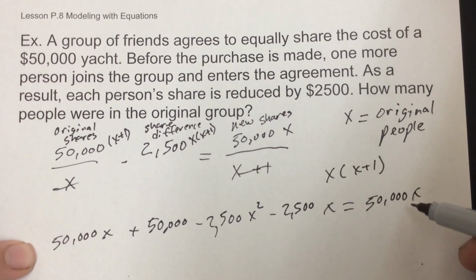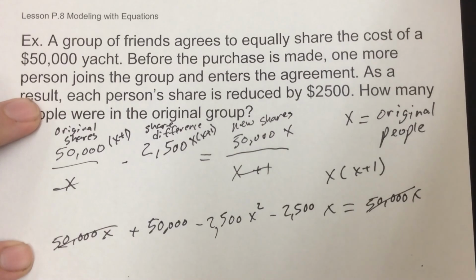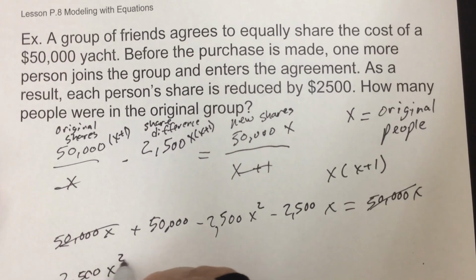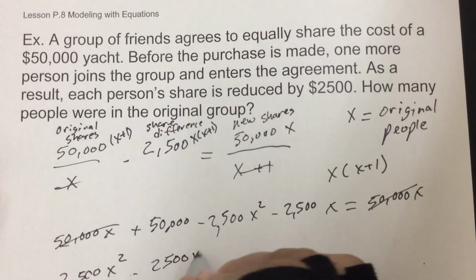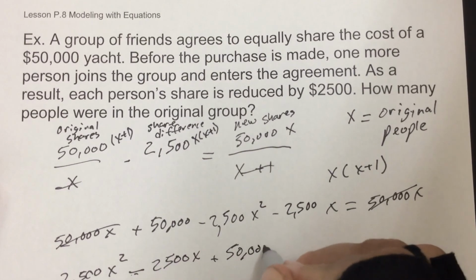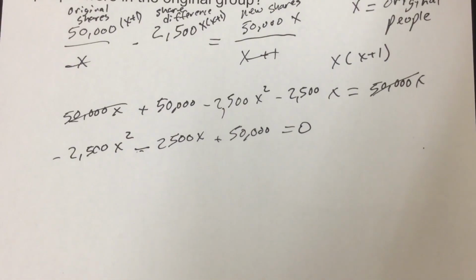If you notice, we both have 50,000 on either side, so that alone is going to cancel out. And if I rewrite this as minus 2,500 X squared minus 2,500 X plus 50,000 equals 0. Now we have a quadratic equation here.